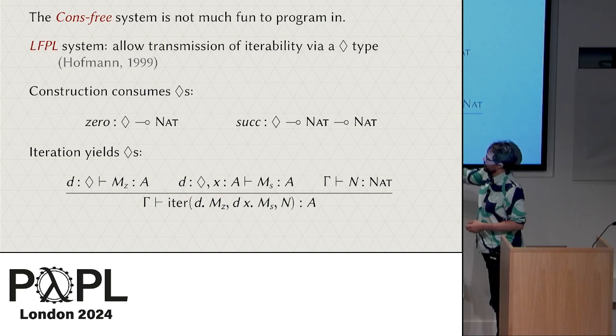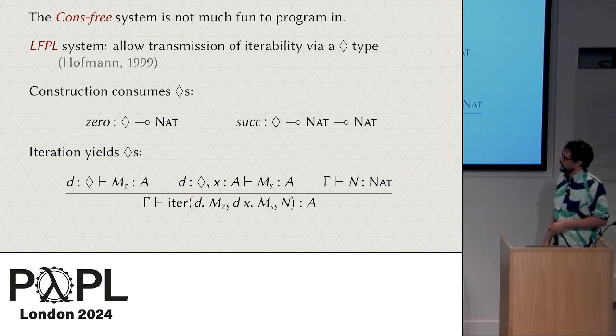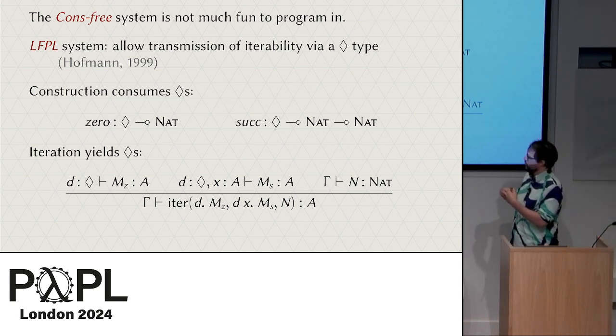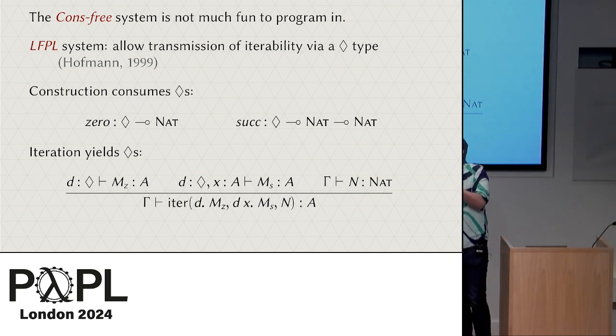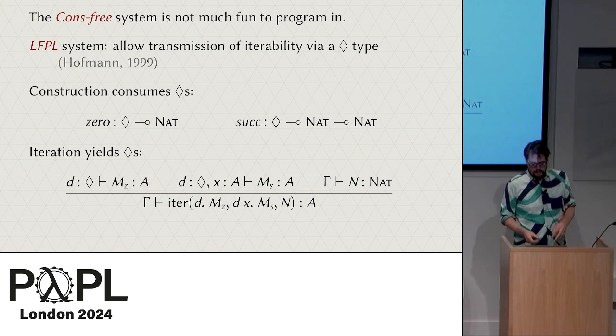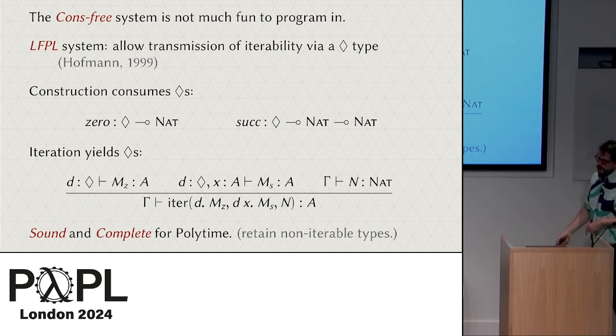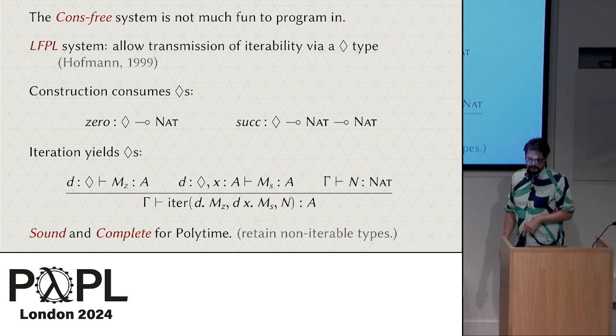So in the zero case, we get a diamond. In the successor case, we get a diamond. And this allows us to reconstruct smaller natural numbers underneath that we can then do nested iterations with. And again, this is sound and complete for polynomial time, as long as you also have these non-iterable data structures as well. And also here now you cannot duplicate the natural numbers.